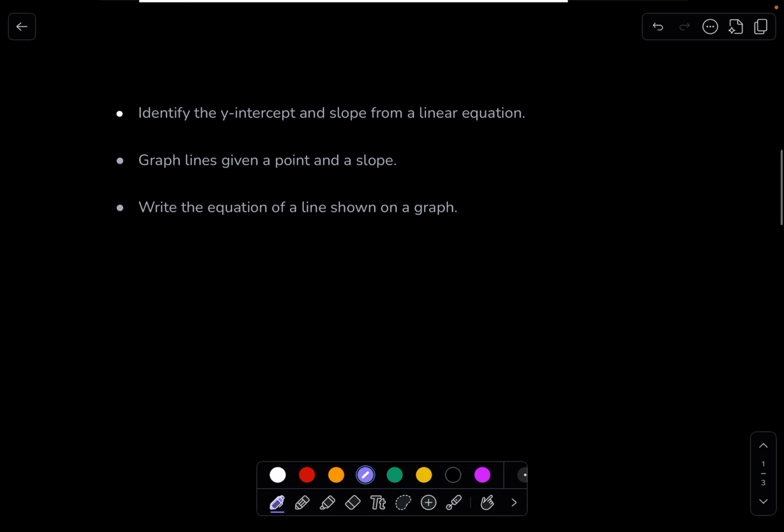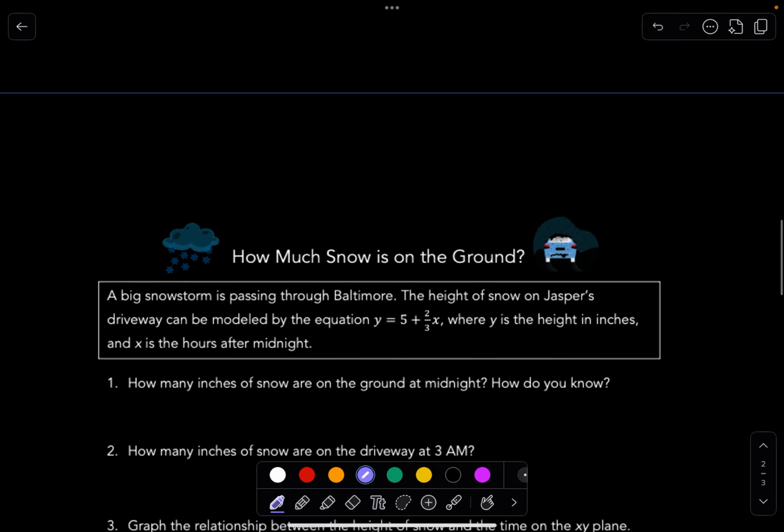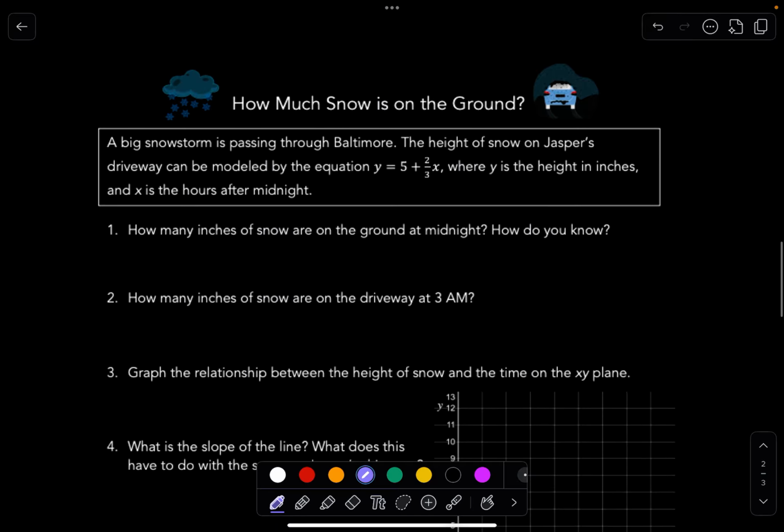So this is written in this form up here. Y is the height in inches, you've got to know your units and what each variable means. They're defining it for you. And x is the hours after midnight.